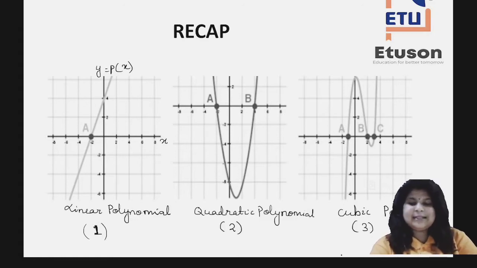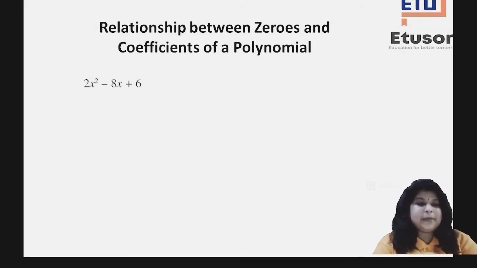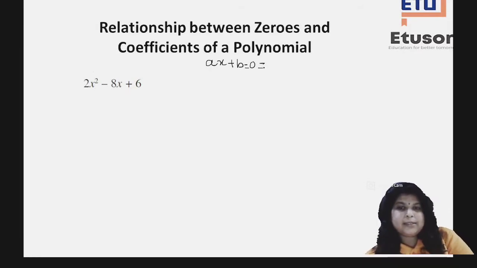Now, let us go to today's lesson, that is the relationship between the zeros and coefficients of a polynomial. Hope you have remembered that in case of a linear polynomial, the solution is x equal to minus b by a.